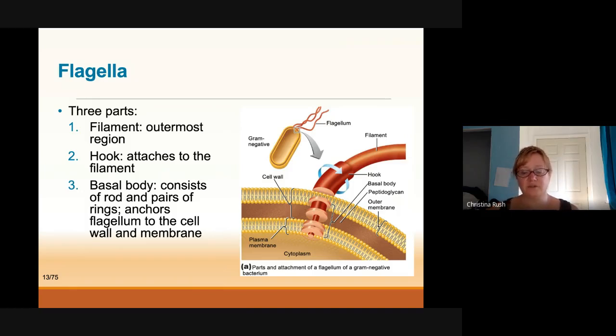Those rings anchor the whole flagellum into the cell membrane. You can see in this picture the filament, the long part, the hook external, and then your anchor with 4 basal body rings. Bacteria have 4 basal body rings on their flagella, so it's really well anchored.